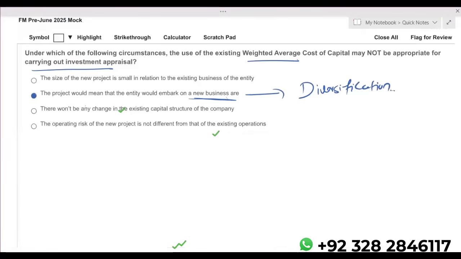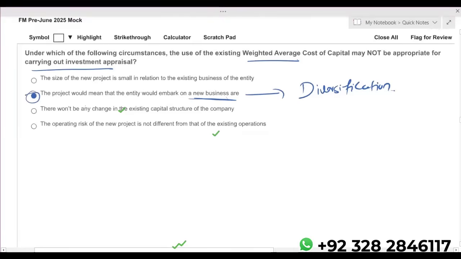And when your business risk changes, you cannot use existing cost of capital. If there's no change in the capital structure, no change in financial risk, you can use existing WACC. If the operating risk of the new project is not different from the existing one, you can again use the existing WACC. Beta is the right answer.